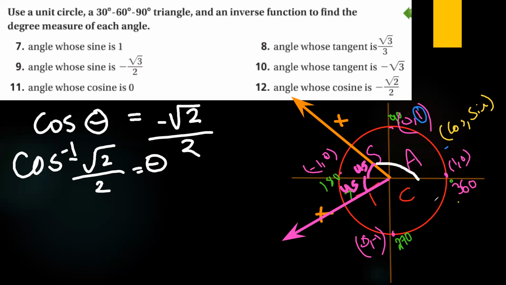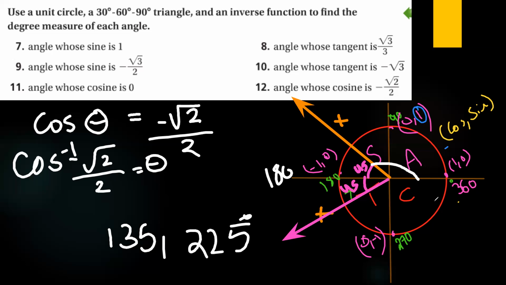You have to say 180 minus 45, or 90 plus 45, which is 135. And here 180 plus 45, which is 225. So the two angles whose cosine is negative square root of 2 over 2 will be 135 and 225. Or we can say 360 minus 135. Is it clear?